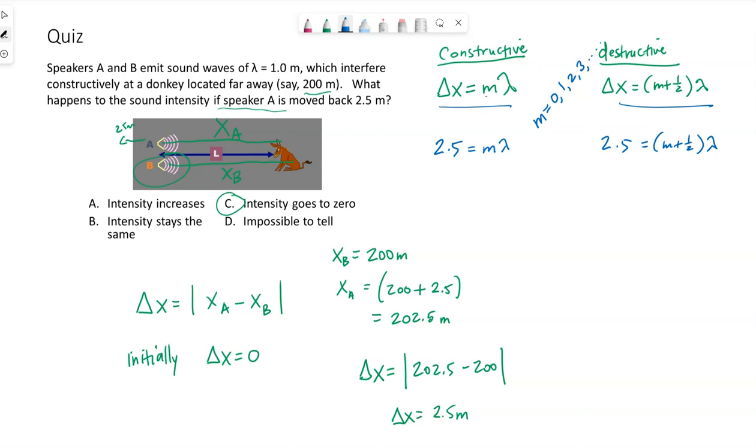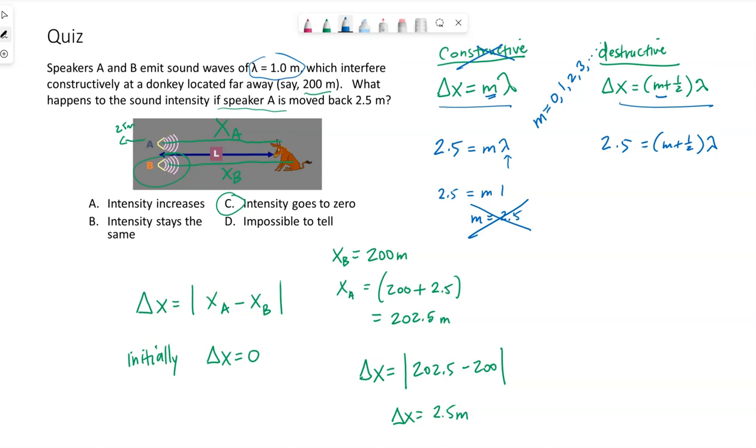It's a multiplier in both of these equations, and it's restricted to being 0, 1, 2, 3, 4, 5, and so forth. So we take this value of the wavelength and put it in here. So 2.5 equal to m times 1. When I plug that in, I find that m would have to be 2.5, and that is not an allowed value, so we definitely do not have constructive interference.